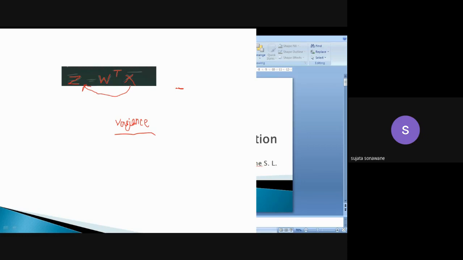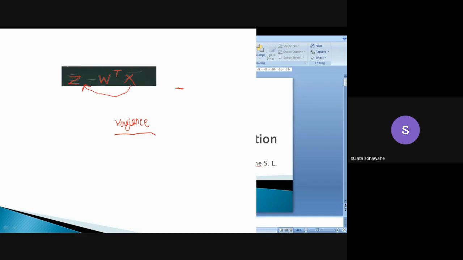So here we want to distinguish these features, and for that purpose we will use the variance. The variance is used to find out which feature we have to select.